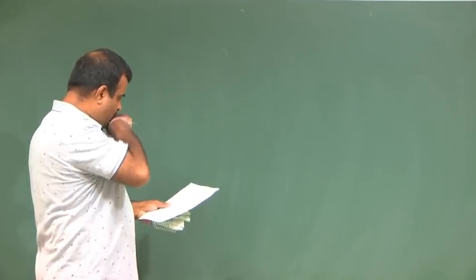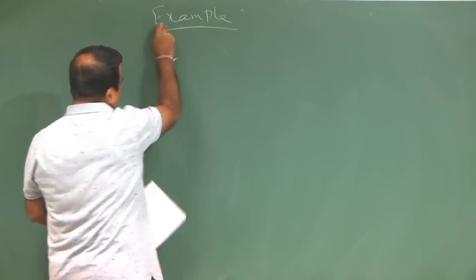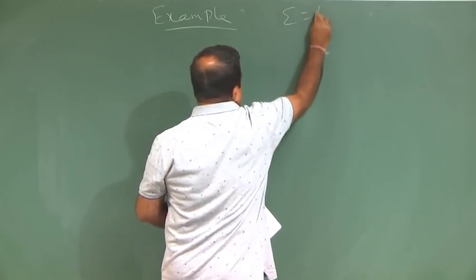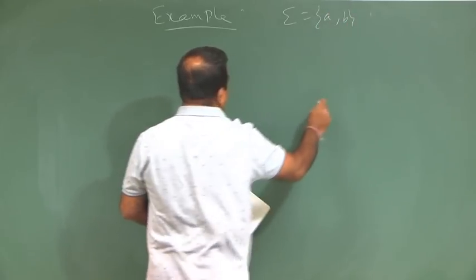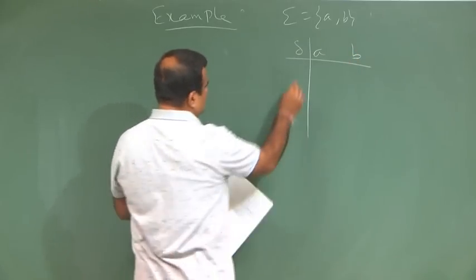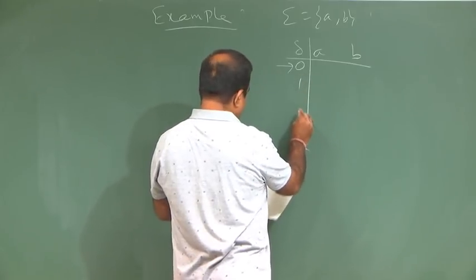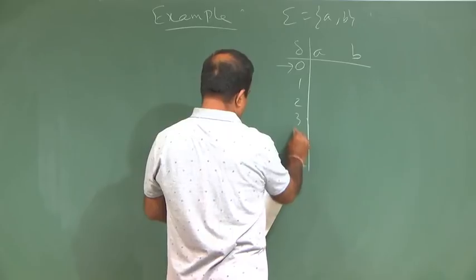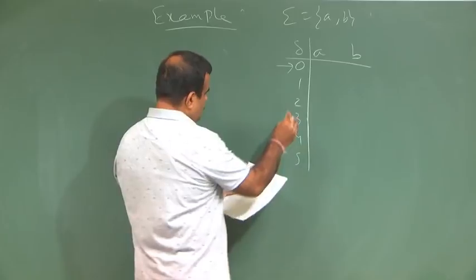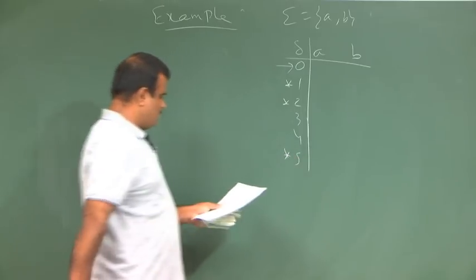Okay, so let us take a DFA with two input alphabet symbols, a and b, and this is the transition rule, and these are the states. Say there are 6 states: q0, q1, q2, q3, q4, q5, and the final states are q1, q2, q5.